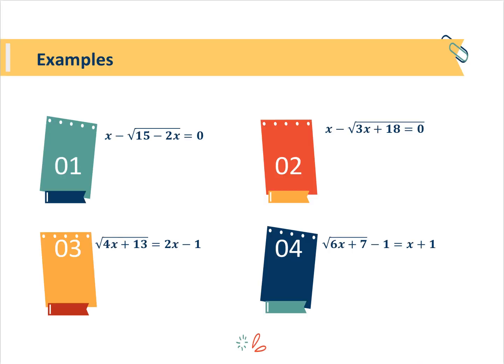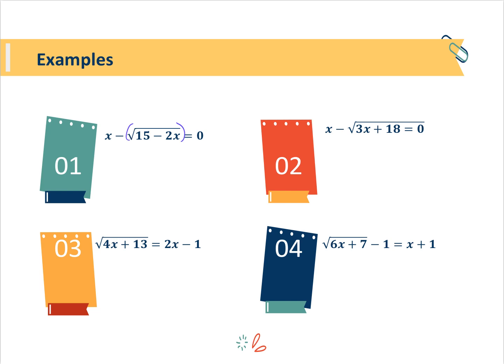So we come over to this problem here. Let's start with this first one and see how we might approach this. We notice that we have this radical right there. So what we're going to want to do, like the instruction said, is isolate that radical.